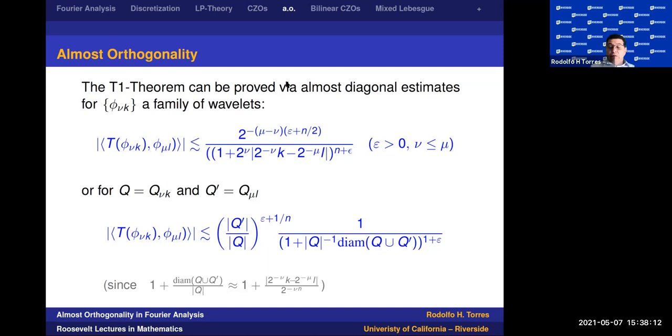When the cubes, remember for the fixed nu, so if the nu were the same, they're going to be far, they don't intersect unless they are adjacent, they just touch on the boundary. So this is going to be very large if the Q are very far apart. So in other words, if the frequencies at which the waves oscillate are very different, or the positions of these packets of wavelets are very different, then this expression is going to be very small.